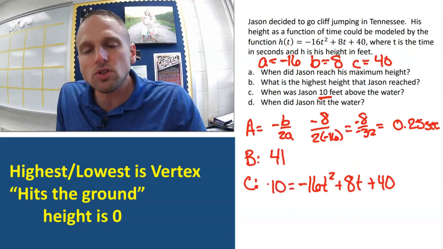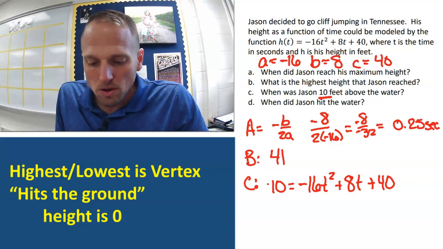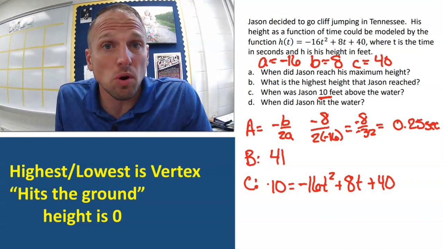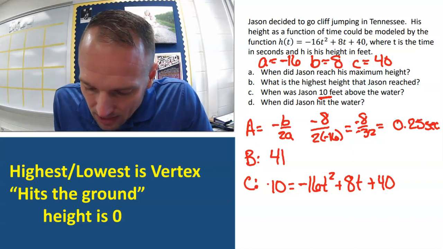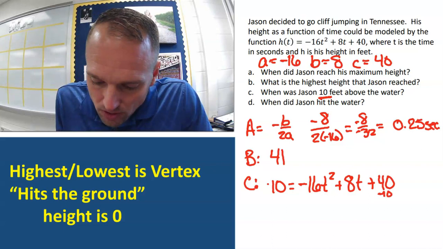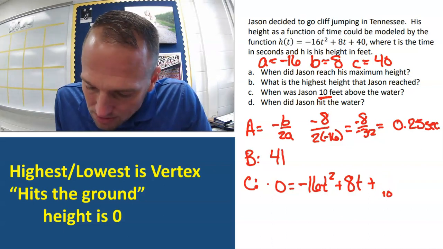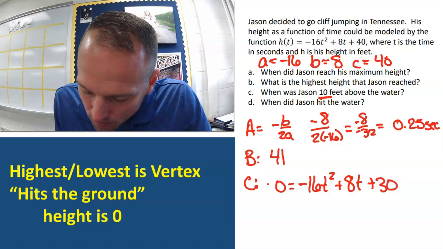Now how do we solve this? Well, we'd use the quadratic formula, but remember, quadratic formula has to be equal to 0, right? So let's just take the 10 and subtract it over so that this will be equal to 0. And 40 minus 10, that's going to be 30.